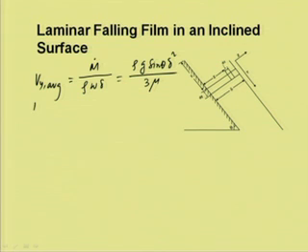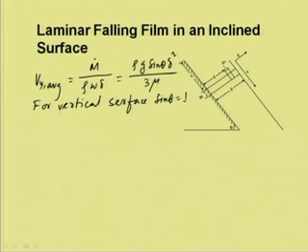Now, for a vertical surface, sin theta will be 1 and V y average will be equal to rho g delta square by thrice mu.